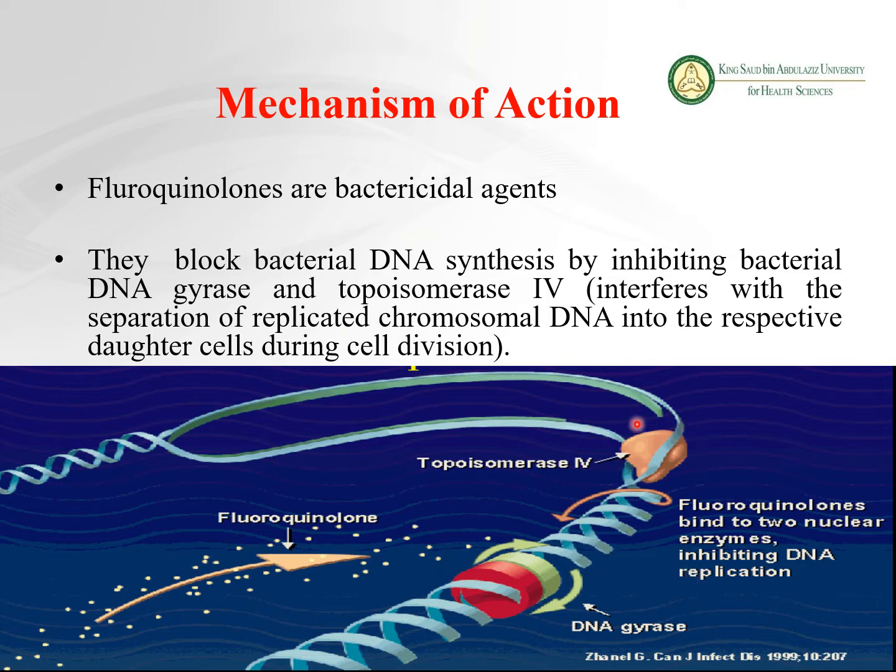These two enzymes are essential for the uncoiling and recoiling of the bacterial DNA, so inhibiting them inhibits the replication of the bacterial DNA. They block bacterial DNA synthesis by inhibiting the bacterial DNA gyrase and topoisomerase enzymes, which interferes with the separation of replicated chromosomal DNA into respective daughter cells during cell division.